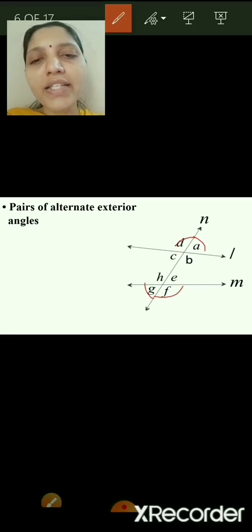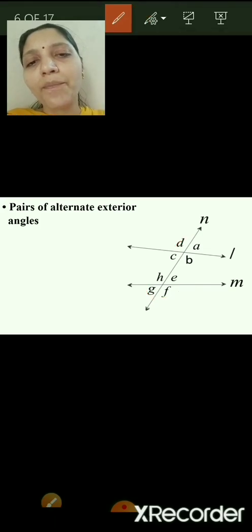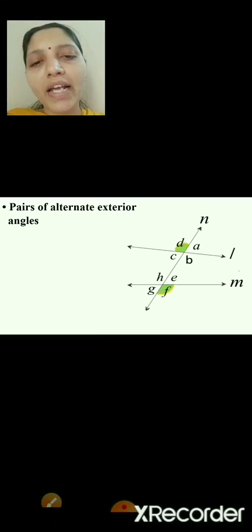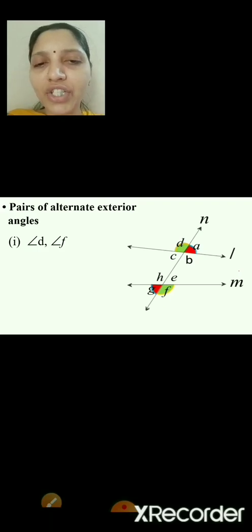So they are called exterior angles. Now we will see what are the pairs of exterior angles. Now first pair will be angle D and angle F, and second pair is angle A and angle G. So these are the two pairs of alternate exterior angles formed here.